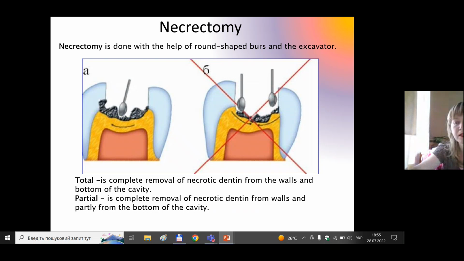Moreover, dentine has tangential localization of its fibers. That's why this technique of necroectomy with an excavator should be done only from center to the walls. Moreover, this will prevent possible fracture of the caries cavity wall.